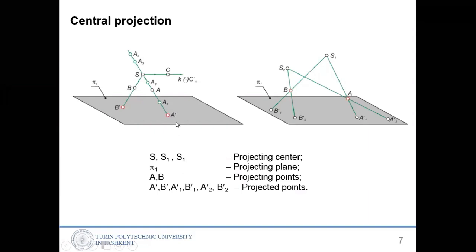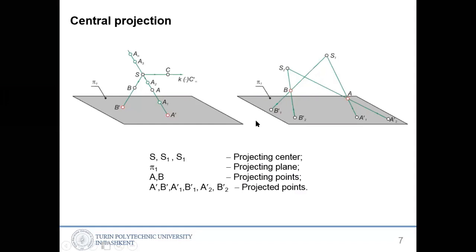So A dash and B dash are projected points, and in the space, B, A2, and A1 are projecting points, without dash. The P planes are projecting planes, and the S points, the central points, are the projecting center, or just the center.